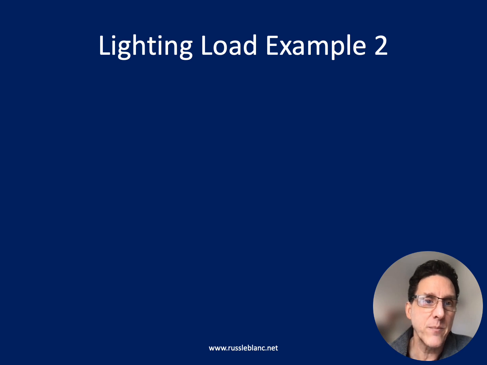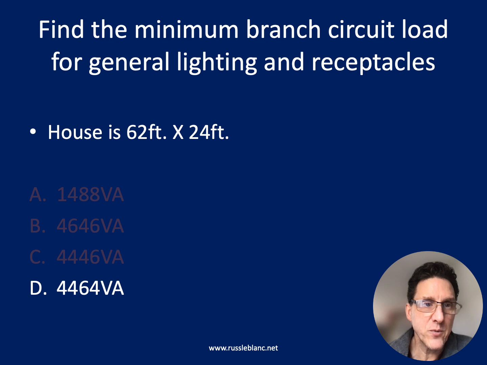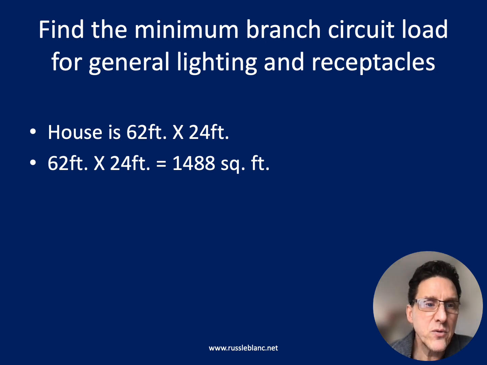All right, let's do another example. In this case, we want to figure out the minimum branch circuit lighting load for general lighting and receptacles. The house is 62 by 24, right? And if you remember from one of the previous examples, that's 1,488 square feet. 62 times 24 is 1,488 square feet.